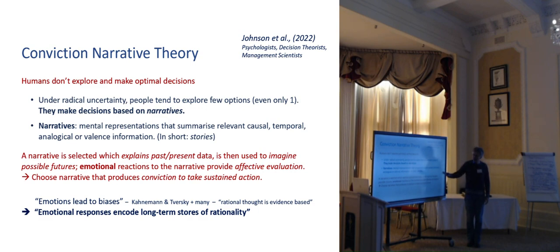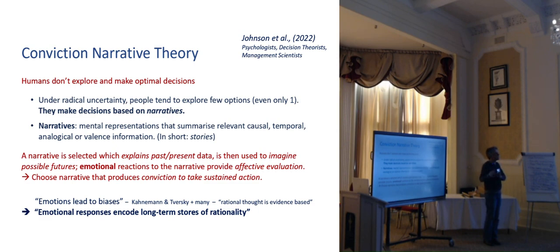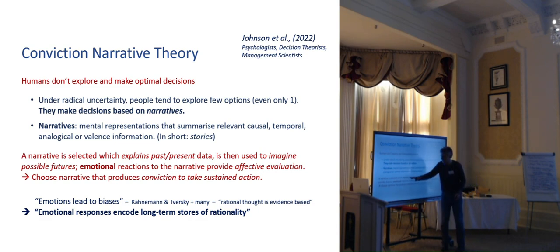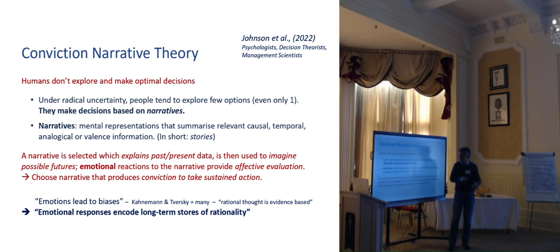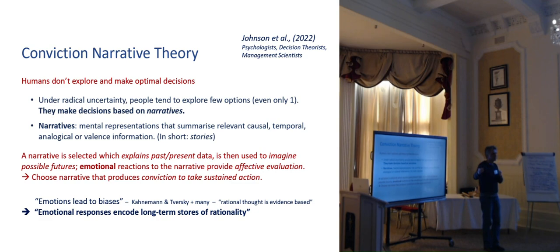So how they make decisions is that they select a narrative that explains the past and the present data. So essentially, they're using prior information. They've got the past and the present data, and they select a narrative that explains that sequence of data. And then they imagine it. They use that narrative and play it forward into the future. In other words, they forward model, but they do it in their heads. Okay, so this is a story, and they continue the story into the future.